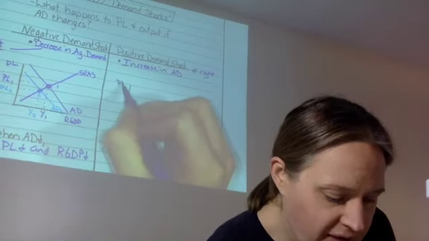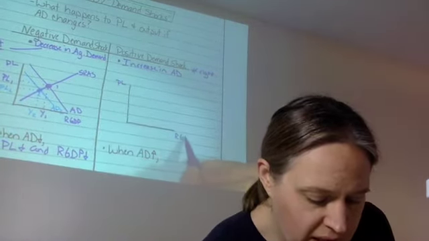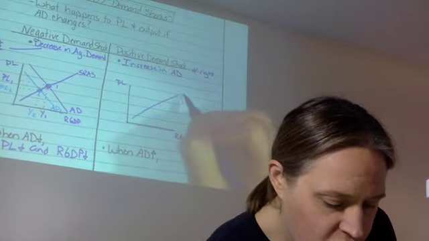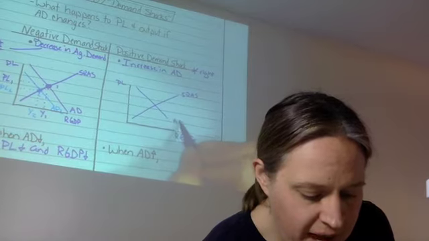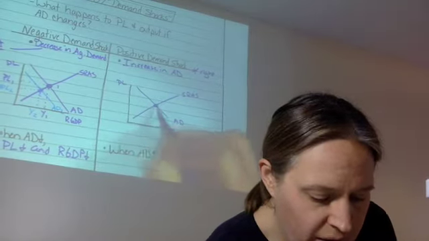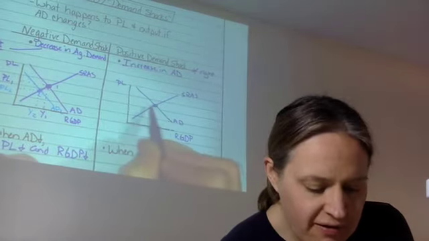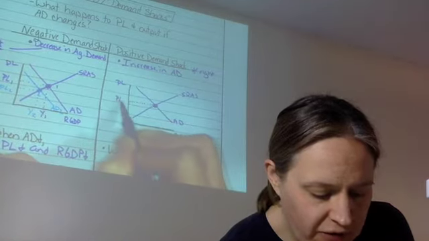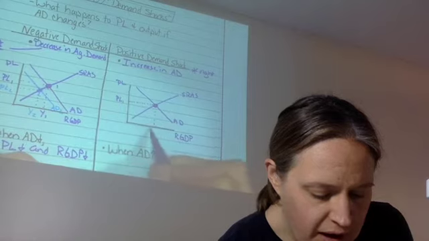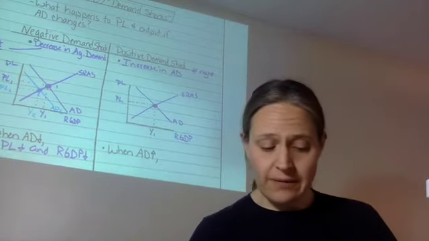So we have price level, we have real GDP, we have short run aggregate supply, we have aggregate demand, we have that equilibrium point. And since this is all of our first stuff, we haven't made any changes yet. We have our first price level and our first level of real GDP.